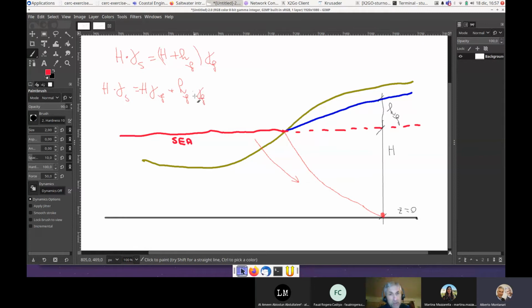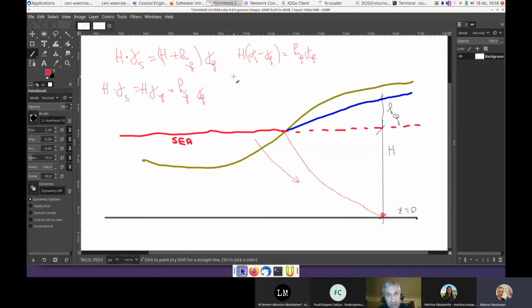Now I can write that capital H times gamma s minus gamma f, because I am bringing on the left hand side the first addendum at the right hand side, is equal to lowercase h f times gamma f.